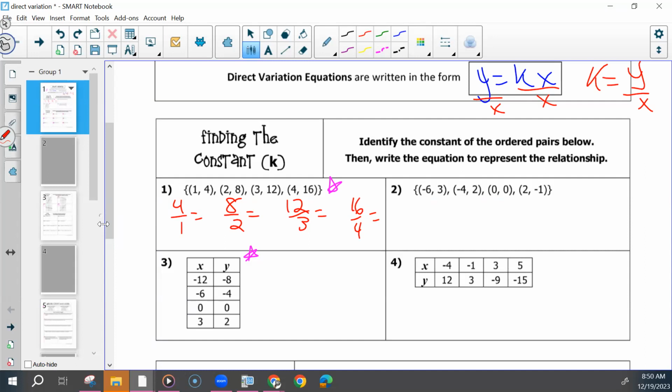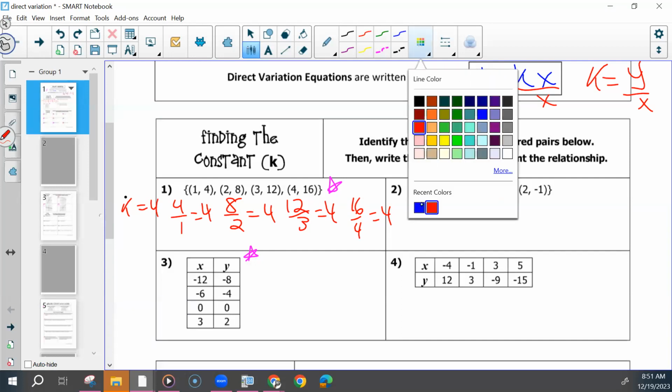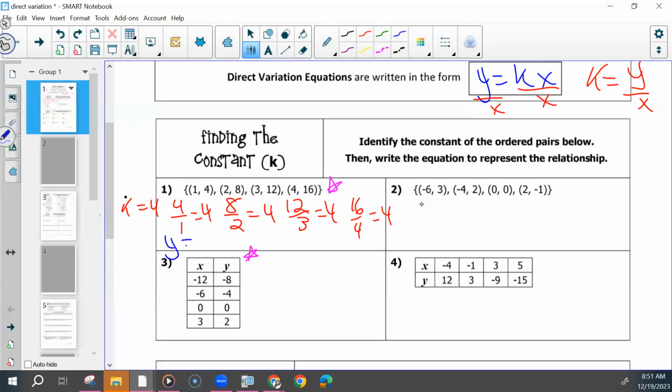Yes. Because it is 4 for every single one, that is our constant value, it is 4. So because our k value is 4, we can write the equation, this is direct. So we would write it in the y equals kx format as y equals 4x.